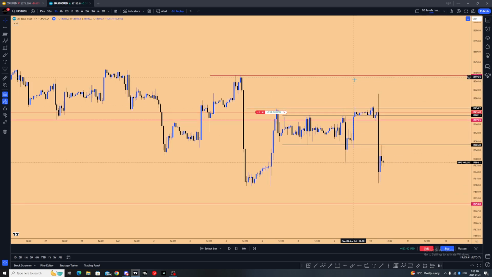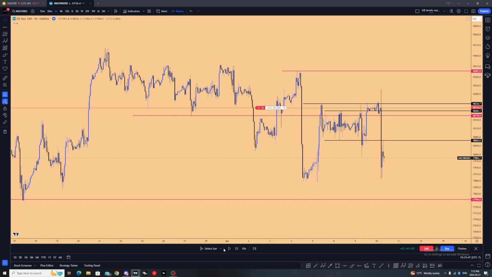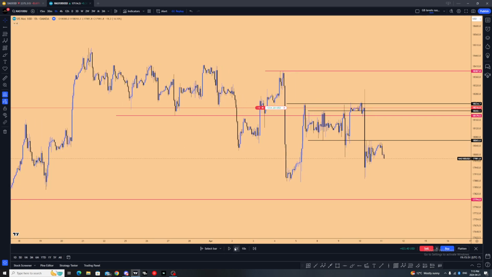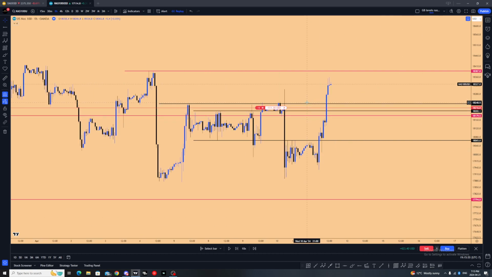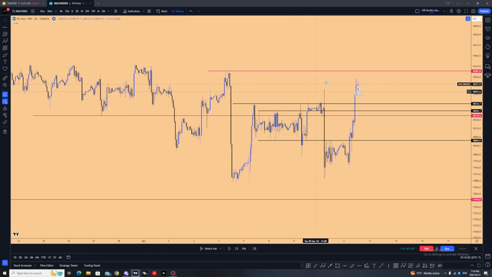It never reached the invalidation. There was a little bit of a whipsaw before the news event came, but that was the trigger for the market to go lower. That's where you should be getting stopped out if it's going up like that. That would be a stop out.